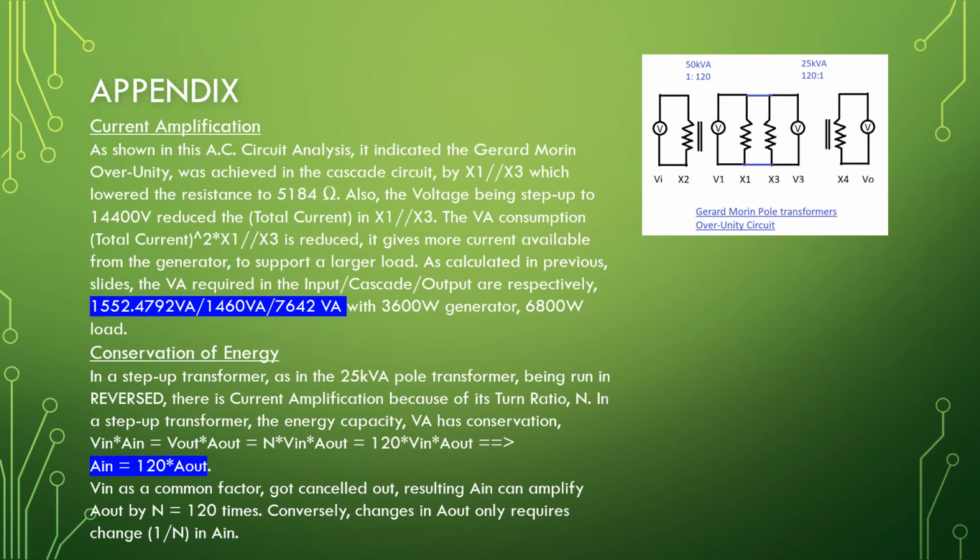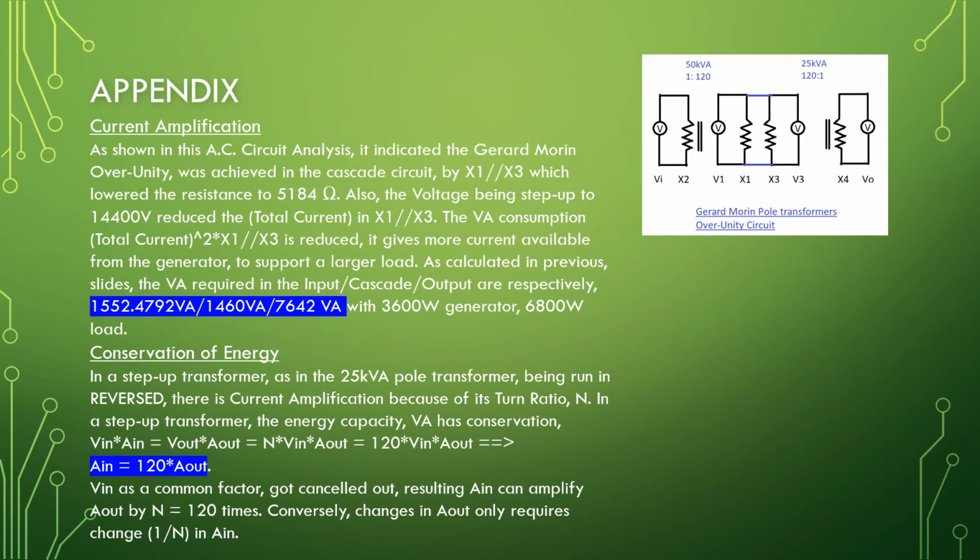Also, the voltage being stepped up to 14,400 volt reduced the total current in X1 parallel X3. The VA consumption, total current squared times X1 parallel X3, is reduced. It gives more current available from the generator to support a larger load.